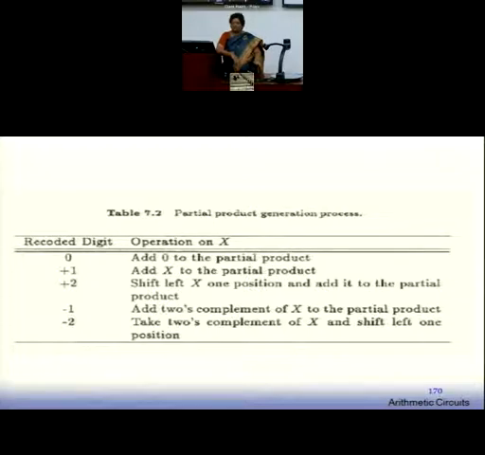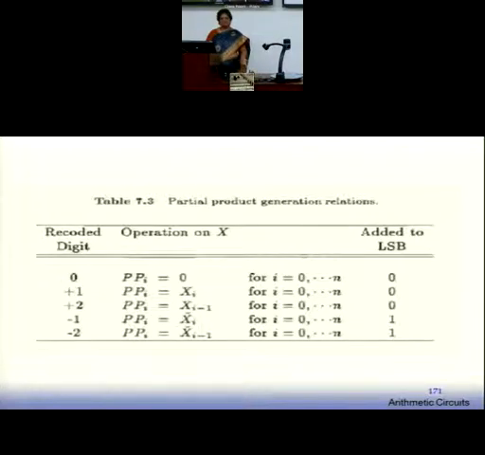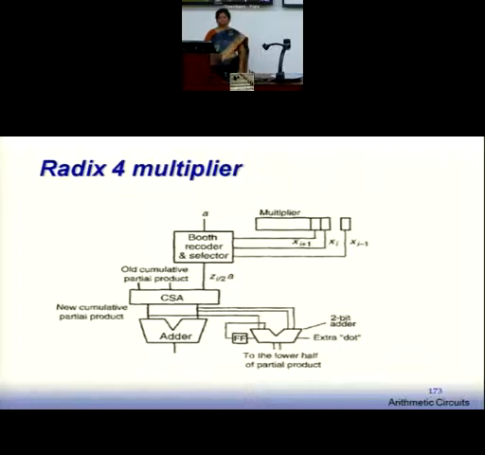If your multiplicand is A, it will select either 0A, +1A, +2A, -2A, or -1A. How many combinations do you have? 5. A 5:1 mux will be required, because you will be selecting out of 5 combinations. Once the table is ready, it's very easy. You can simply implement. Implementation can be right shift or left shift, or you can make an array multiplier.